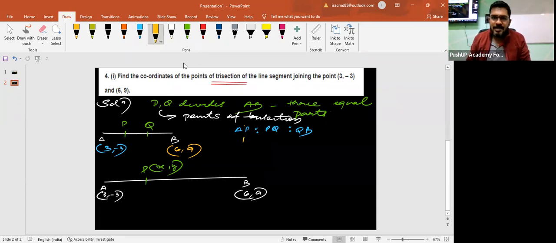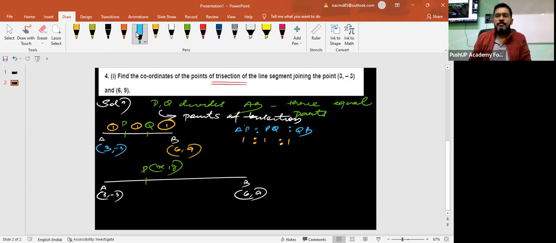Very good, very smart answer. The reason is points P and Q are dividing line segment AB into 3 equal parts, so the ratio of those 3 equal parts will naturally be 1 is to 1 is to 1. So I will mention it here: 1, 1 and 1.